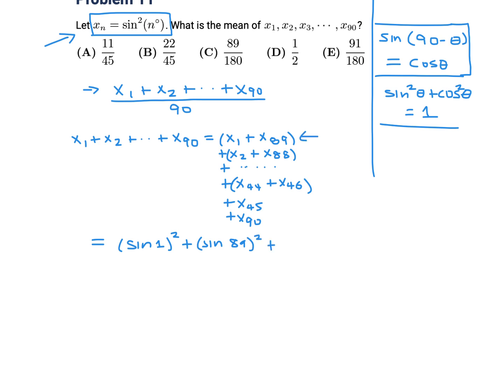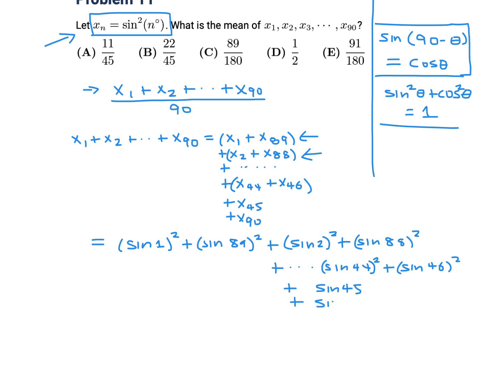Then we will have the sine of 2 all squared plus the sine of 88 all squared. And then it just keeps going, dot, dot, dot. Eventually, you'll get to the sine of 44 all squared plus the sine of 46 all squared. And then don't forget the two that are left over by themselves, the sine of 45 plus the sine of 90. Those are not paired with anything. Okay, so far so good.